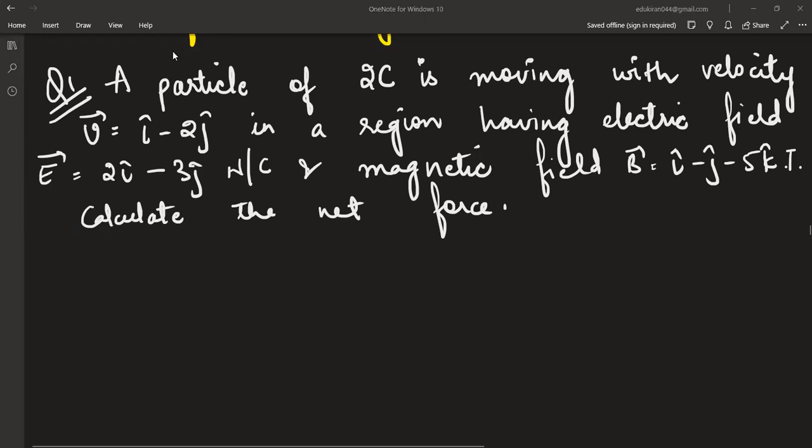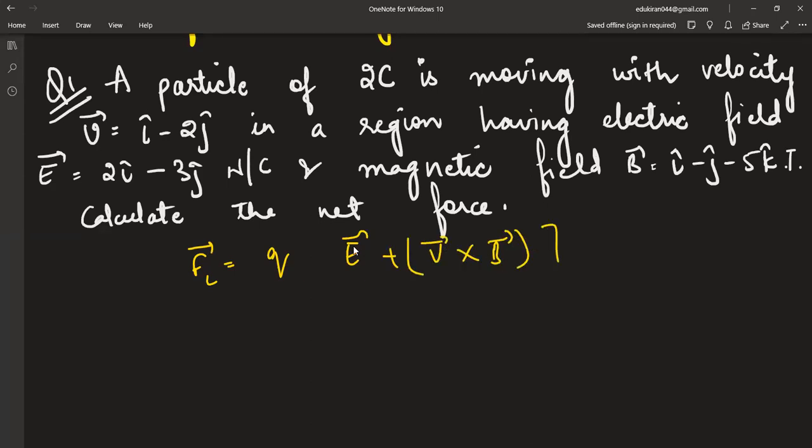See class, this question will involve the concept of cross product, because I've already told you V cross B is solved with the determinant. So what is the Lorentz force? Lorentz force is Q(E plus V cross B). Now see, first let us solve this V cross B. What is V? I cap minus 2j cap, that's it. What is B?